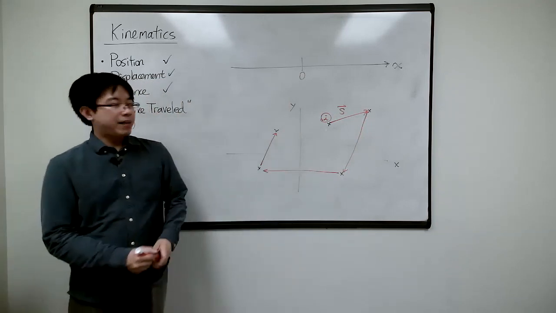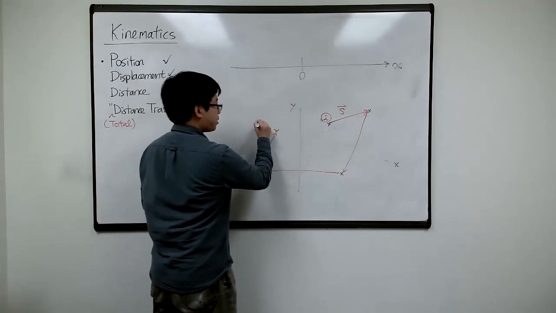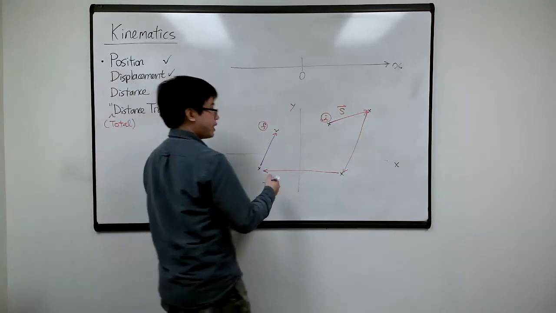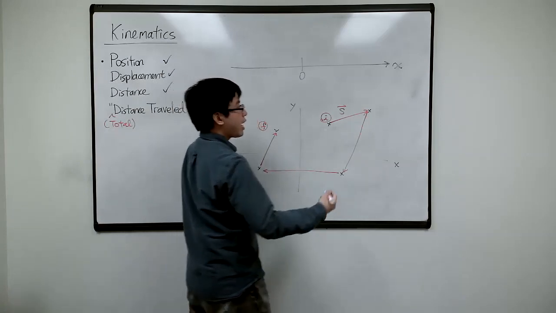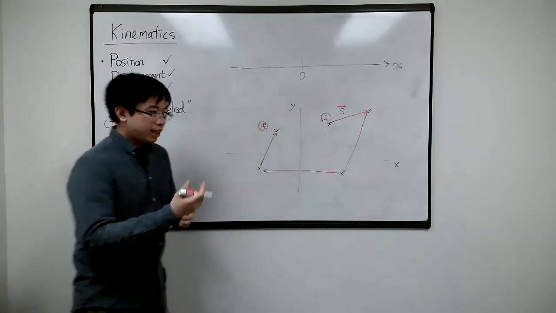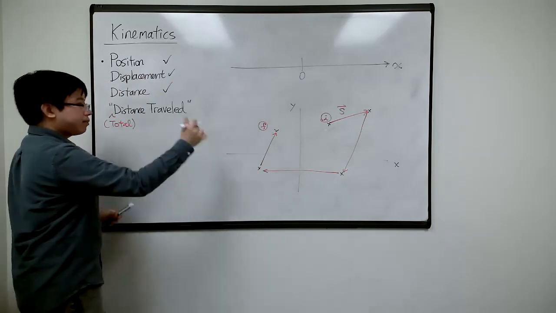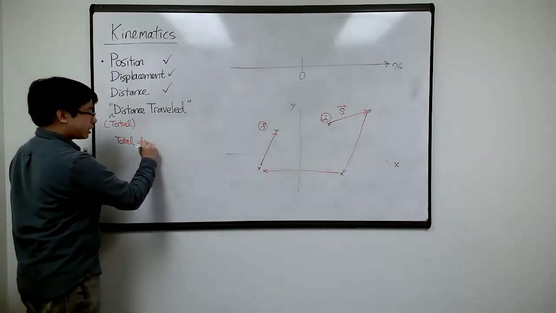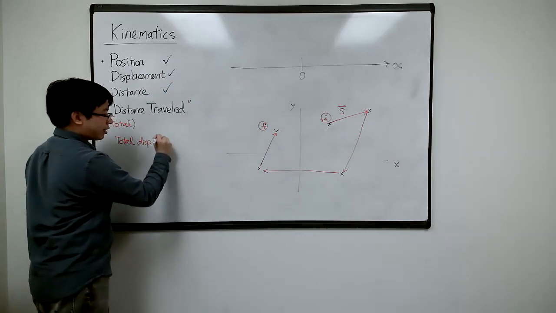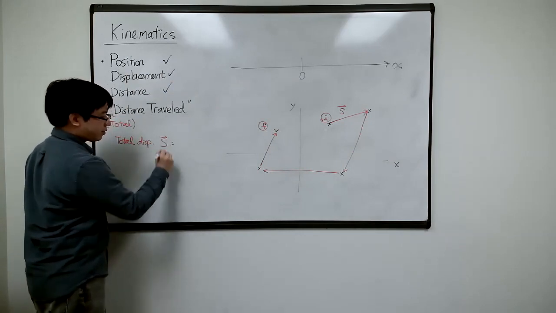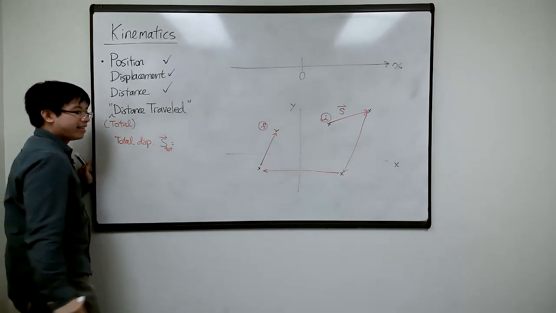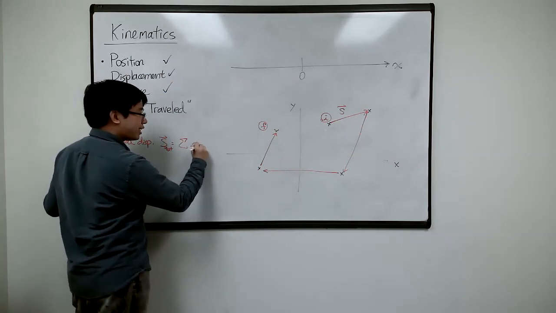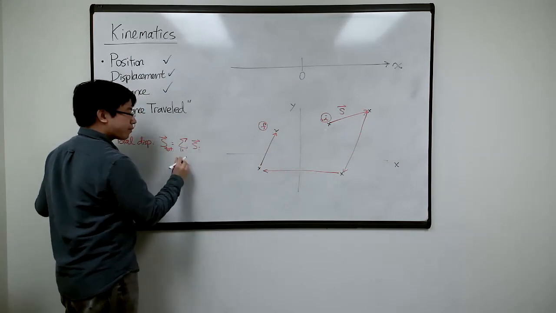So what is the displacement? Well, this is the final stop, right? So what is the displacement? The total displacement is me adding up all these vectors. Let's call it capital S, and specify it as total, right? It's just adding up all the little s like this.